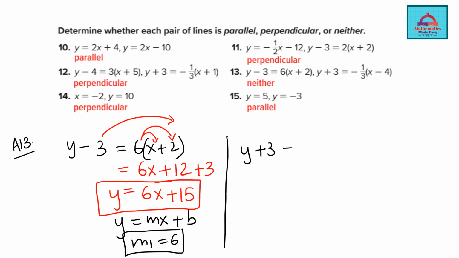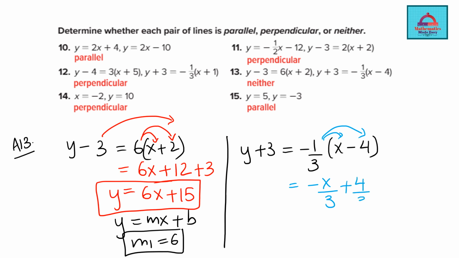y plus 3 is equal to minus 1 by 3 x minus 4. Again, let's simplify this using the same method. So I open the brackets, use distributive property. What do we get? Minus x by 3, minus minus becomes plus 4 by 3, and in the next step I'm going to move this 3 on the other side, so it becomes minus 3.